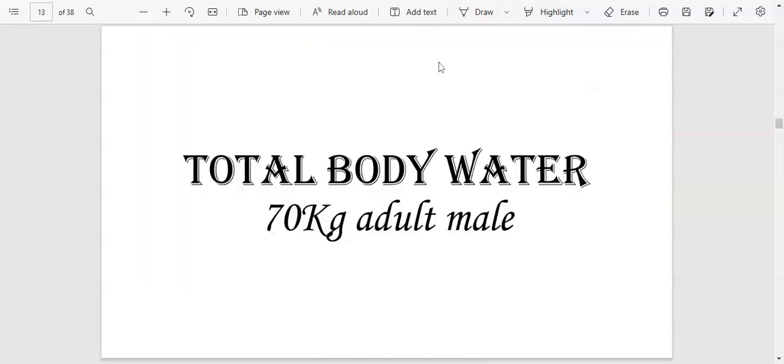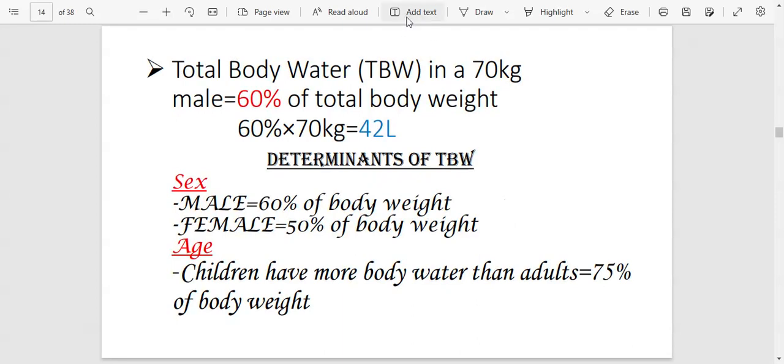Now let's also understand total body water. We're going to concentrate more on a 70 kg adult male. Total body water is just the water that is found within the body. We need to know that the total body water, TBW, in a male is 60% of body weight. Actually, 60% of the weight of a male is made up of water.